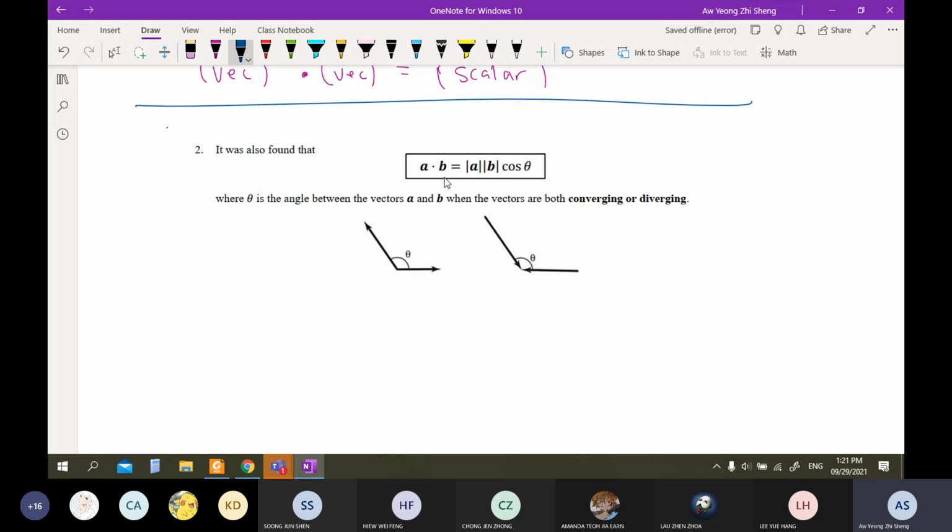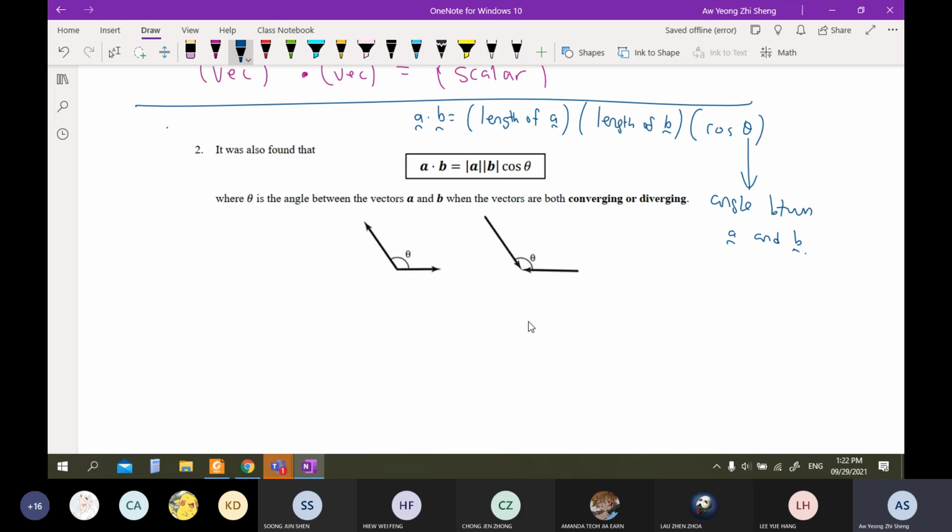A and B are printed in bold, so A, B are both vectors. So this means A dot B is equal to length of vector A times length of vector B times cos of theta, where theta is the angle between the vectors A and B.